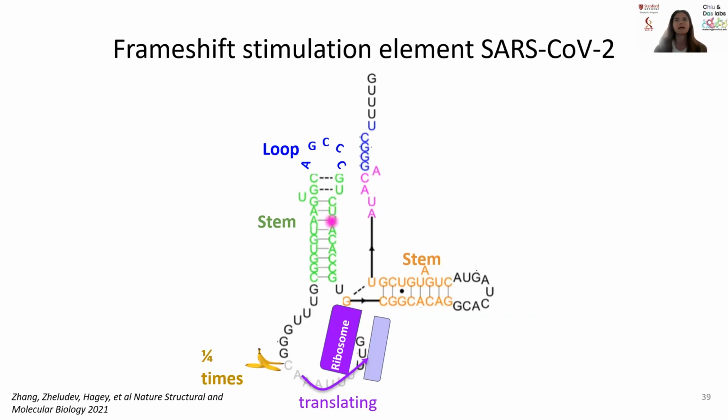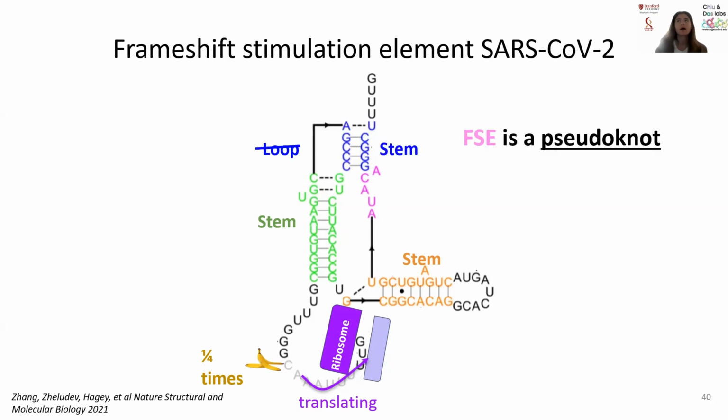Now, if you notice through my coloring and your knowledge of base pairing, we can easily see that this loop can actually base pair with this region here. So it forms another helix. When a loop forms another helix, that's when we call it a pseudoknot, because it's knotted in a way. That loop is no longer free, and it's constrained to be near this other part of the RNA.